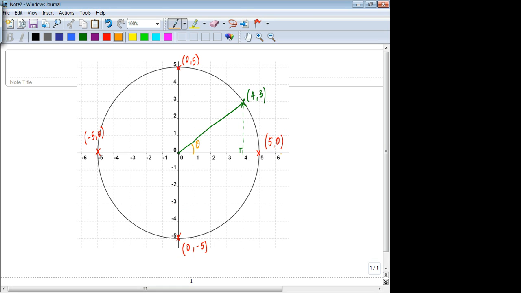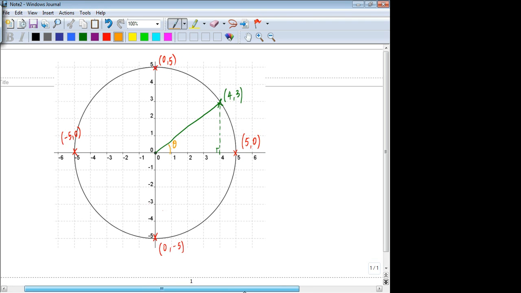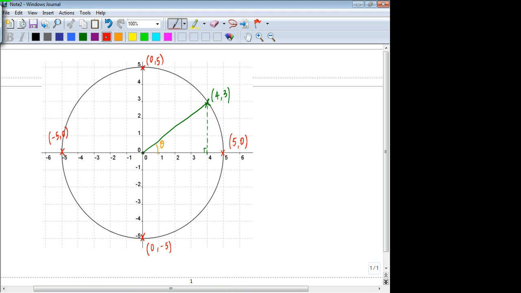Okay, question. Now if I ask you to find tangent theta, what is the answer? Do you know how to do it?